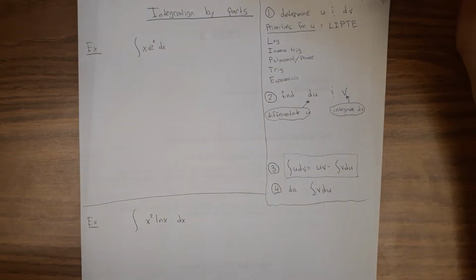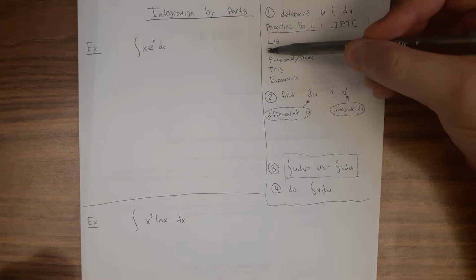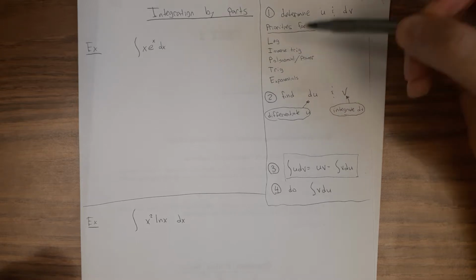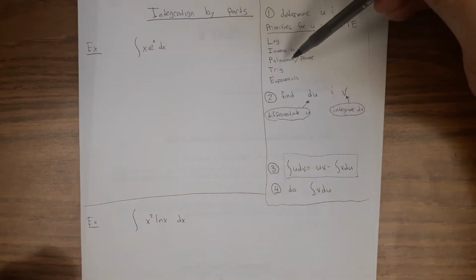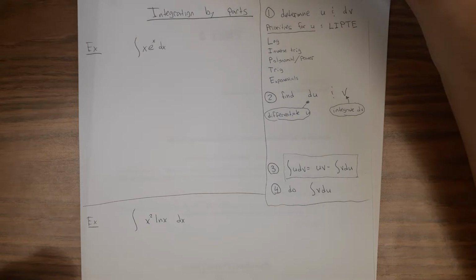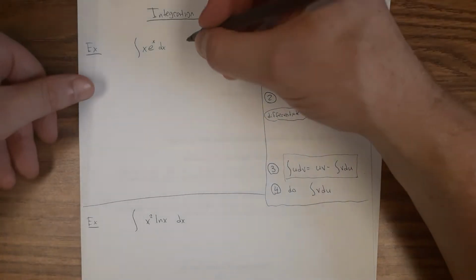Let's do one. So where are my priorities? I don't see any logarithms. I also don't see any inverse trig functions. I do see what I would call a power of x, and that's this x in the front. So that's going to be u.